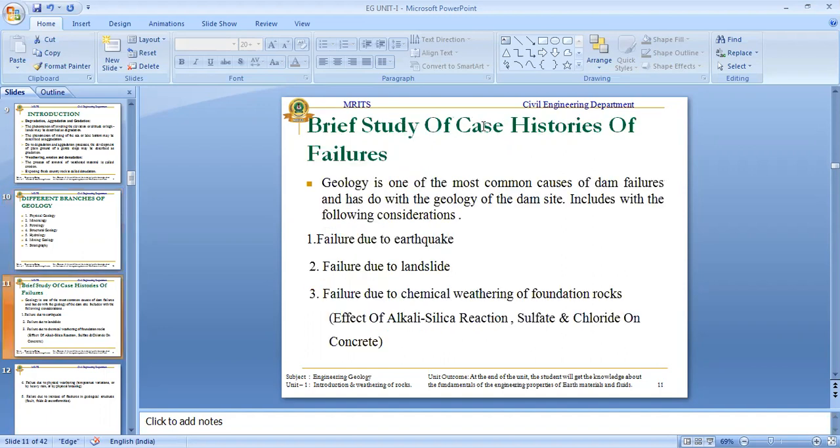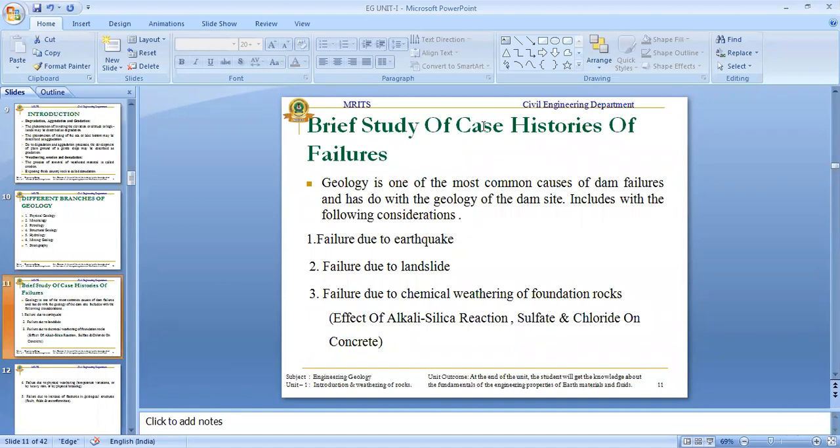So we'll see the brief study of case histories of failures. These failures of geological structures are nothing but some mass infrastructures like dams and bridges, barrages, and water retaining structures. These are going to fail in some of the cases by mistakes of geology, I mean mistakes of identification of the geological features.